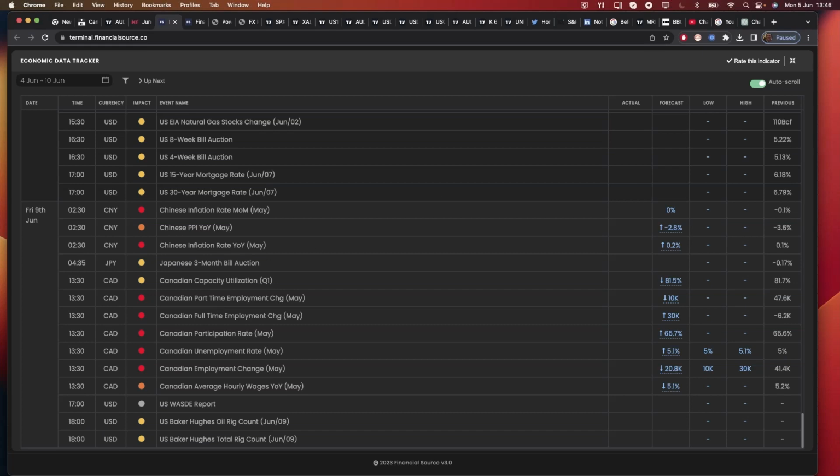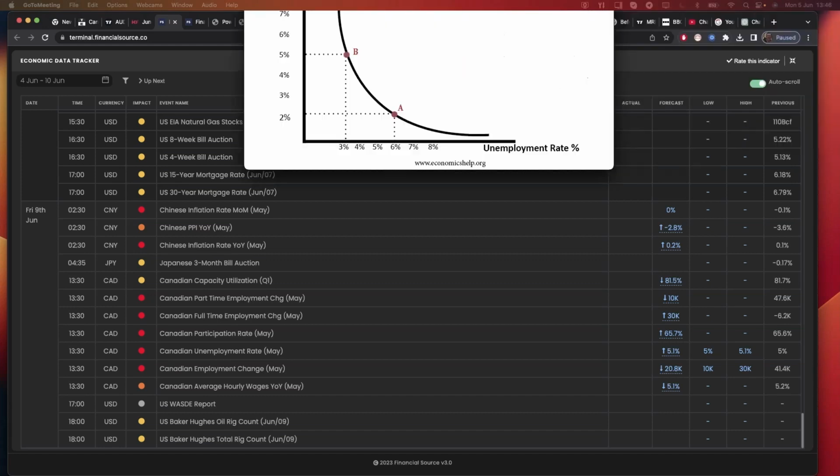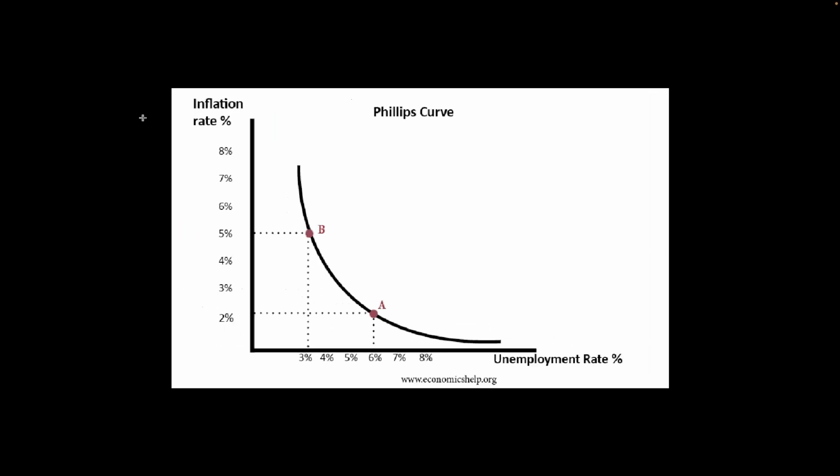And the reason they translate that as being inflationary is due to something called the Phillips curve. Now, let me just show you the Phillips curve. The way it works is if the unemployment rate is high, so if a lot of people are out of work, they see that as deflationary.